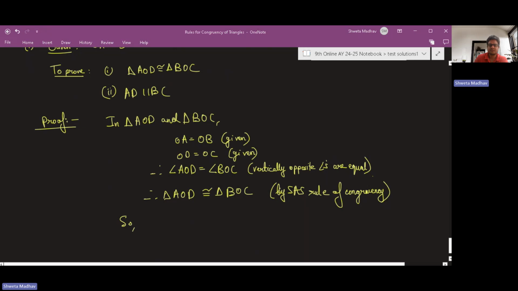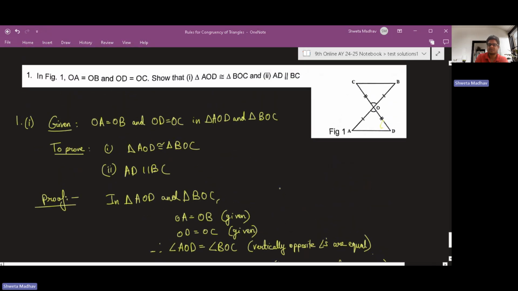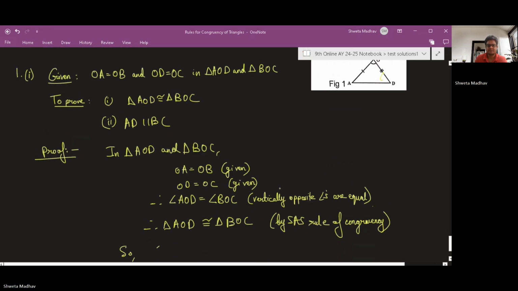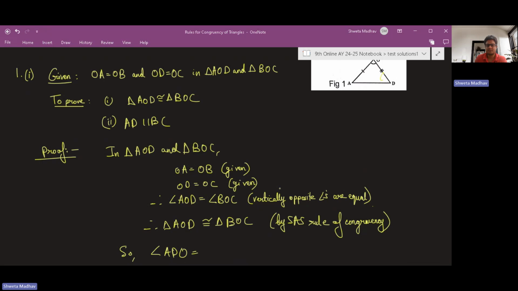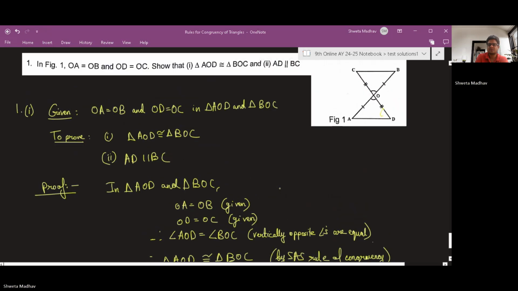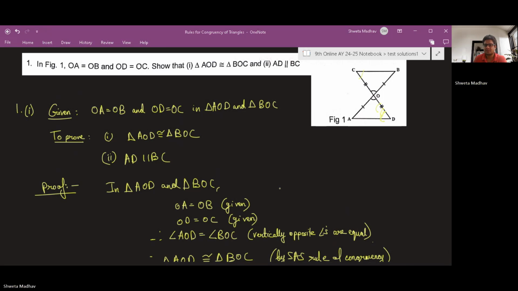So now we can say that angle ADO will be equal to angle BCO, by CPCT, since the corresponding angles will be equal in congruent triangles.